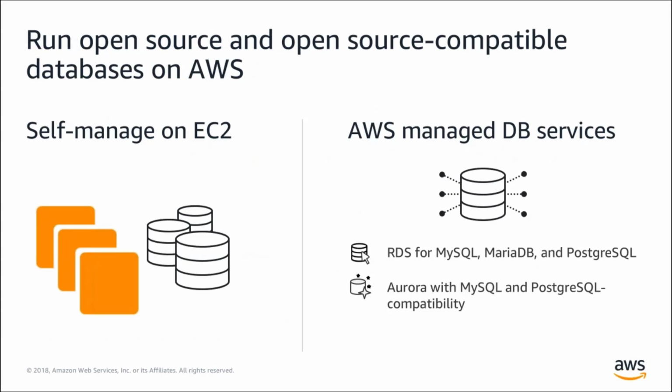Let's first talk about why you would want to use a managed database service, or when to use a self-managed database service on EC2. Traditionally, you can deploy an instance on EC2, deploy your own database on it, and manage it on your own.